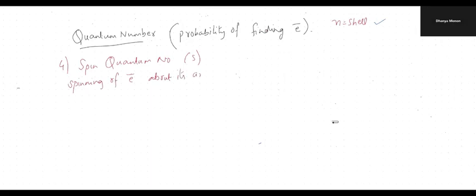And it has two values, plus half and minus half. So these are the two values of the spin quantum number.